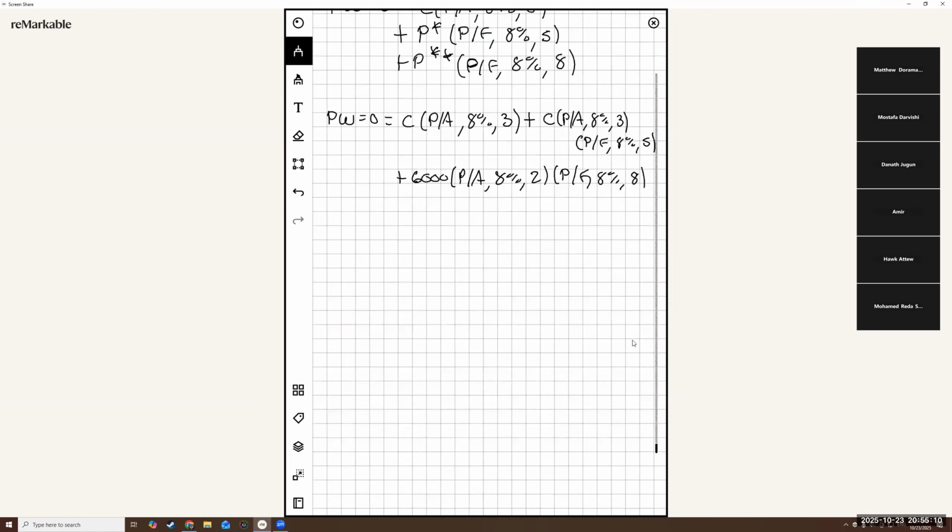If you do this, you get 0 is equal to, what's our first term?